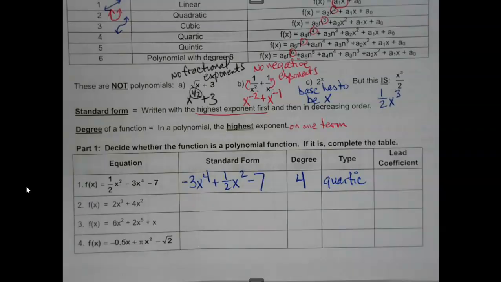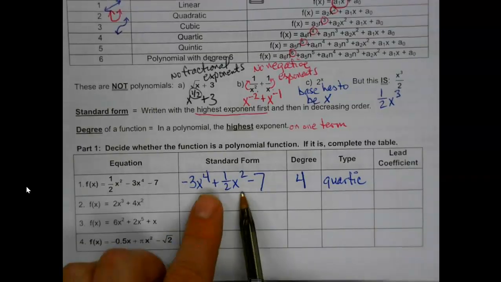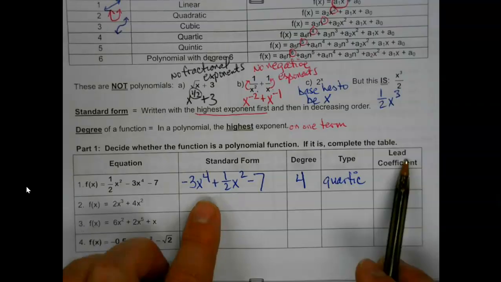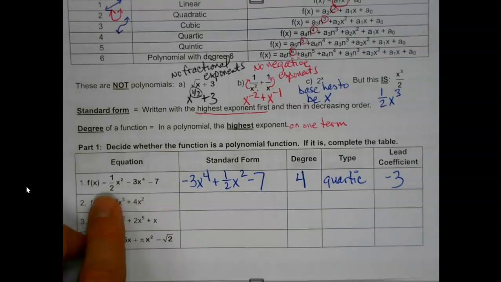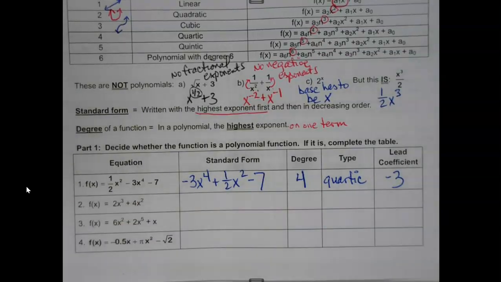And you never want to figure out what your lead coefficient is until it's in standard form. The lead coefficient is just the number in front of your first term. But if you don't have it in standard form and you write 1/2, that's not right because it's not the coefficient of your largest degree term.